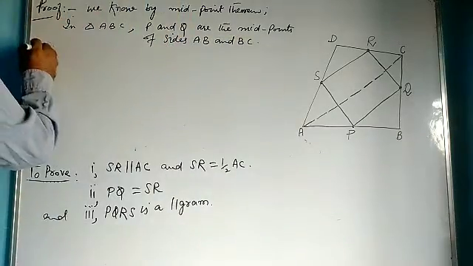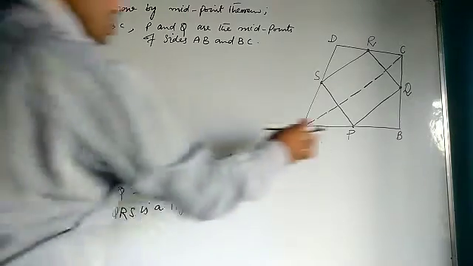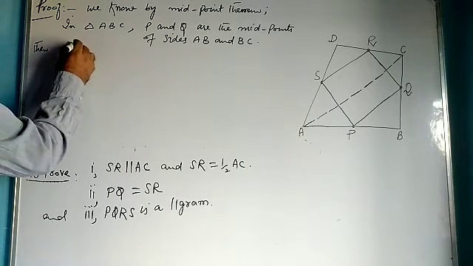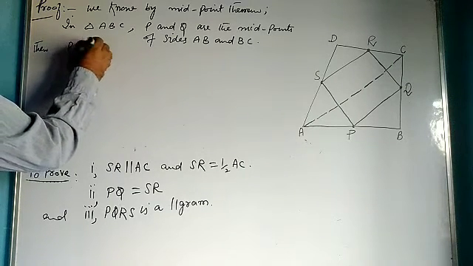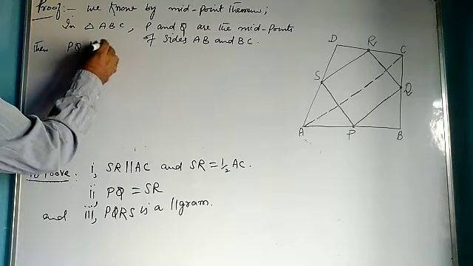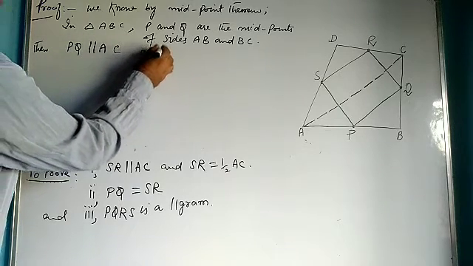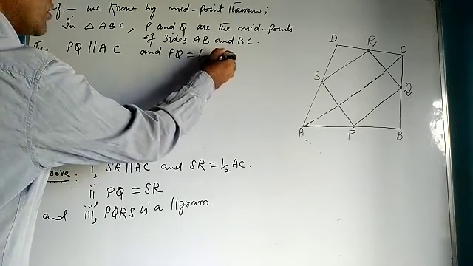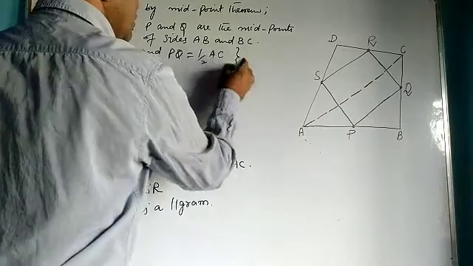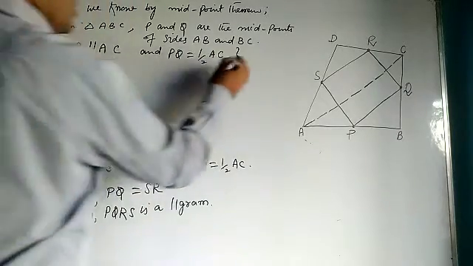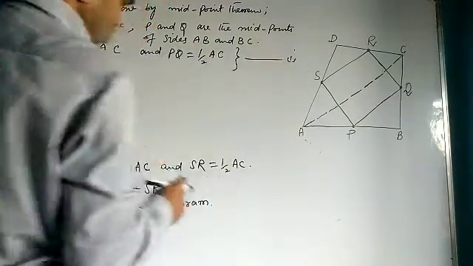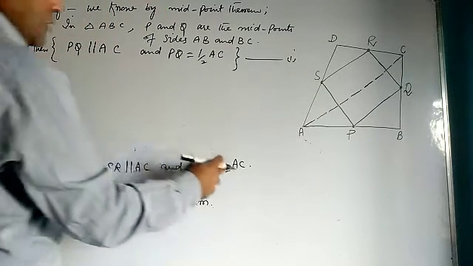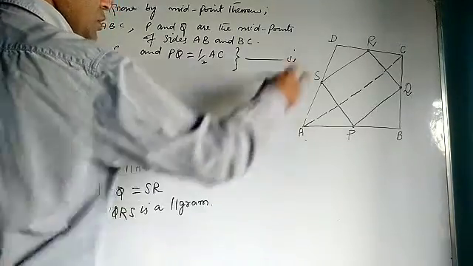Then PQ is parallel to AC, and PQ is half of AC. So name this first. Here we have to prove SR is parallel to AC and SR is half of AC.